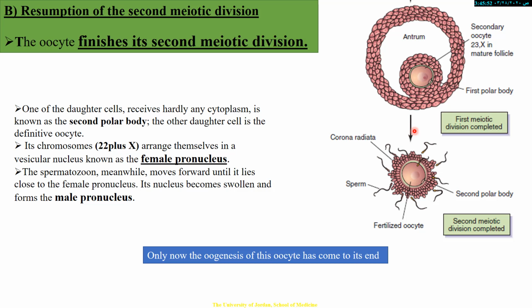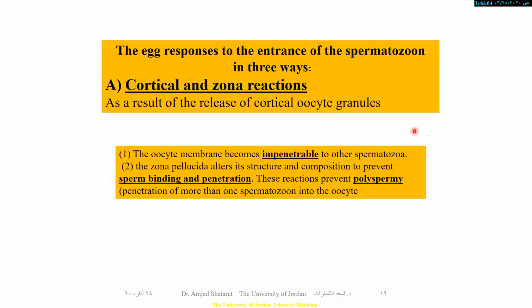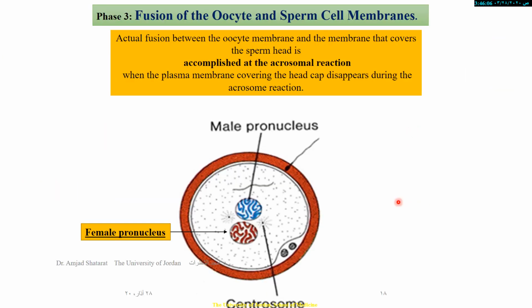Second meiosis means splitting of sister chromatids again. What would happen is that 23 chromosomes will stay in the fertilized egg. We call them female pronucleus, and the other 23 chromosomes would go and form the second polar body.